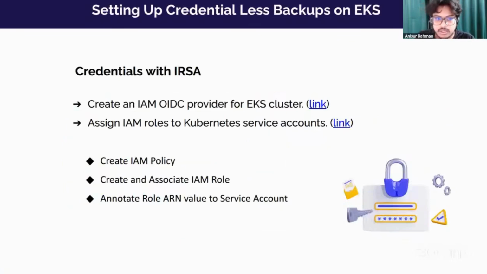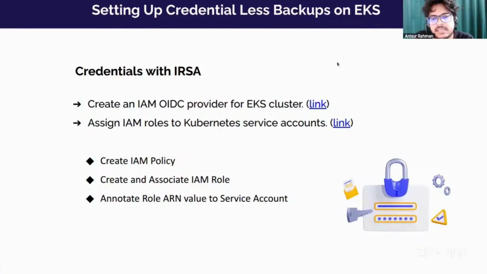So here I have setting up credentialless backup on EKS. To set up your EKS cluster credentialless, you first have to create an IAM OIDC provider for the EKS cluster. Inside the slide I also referred to a link.